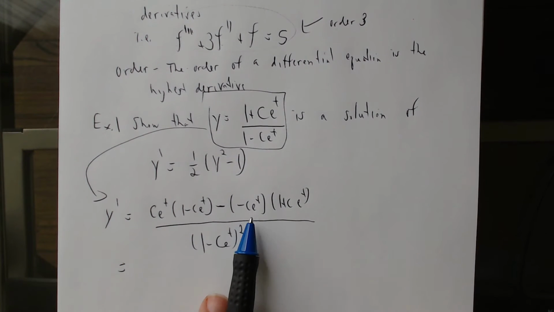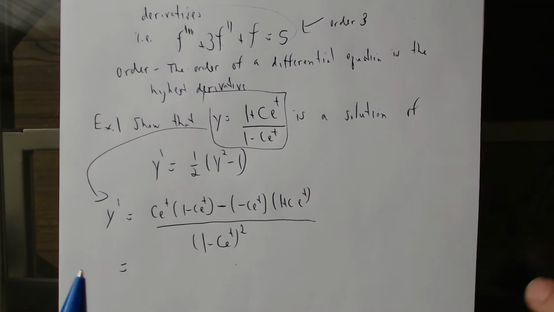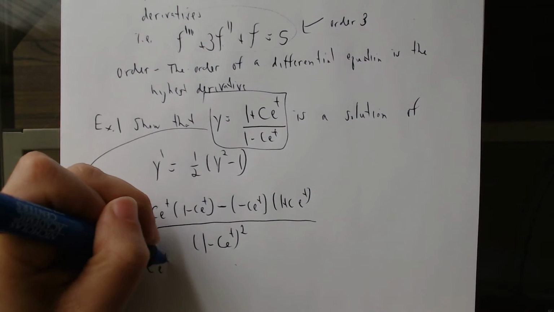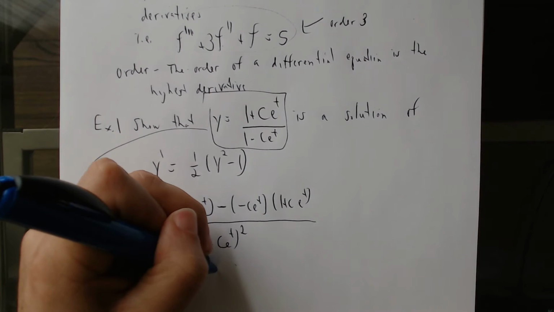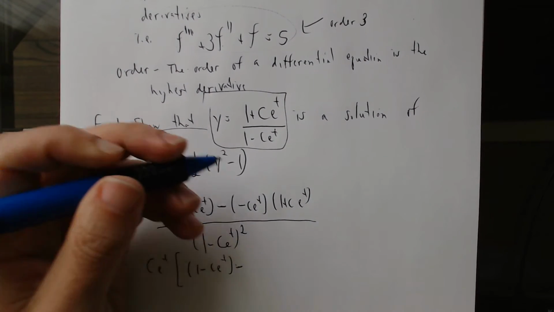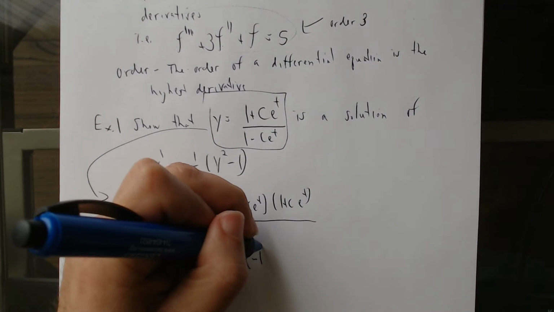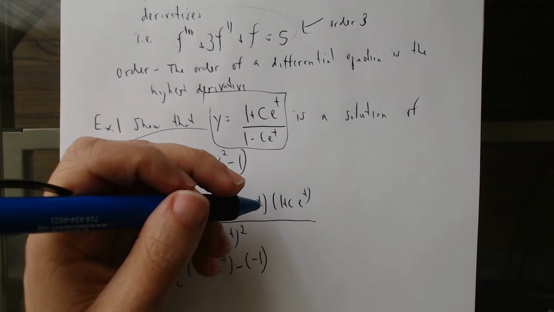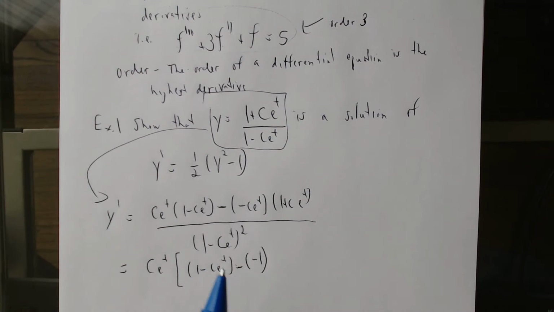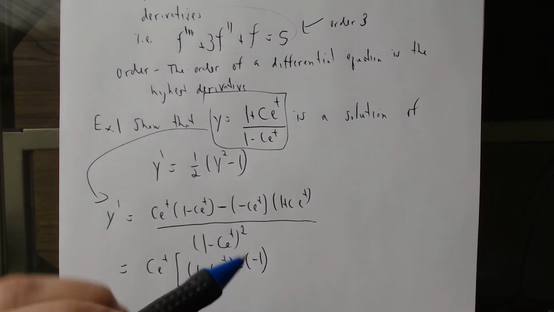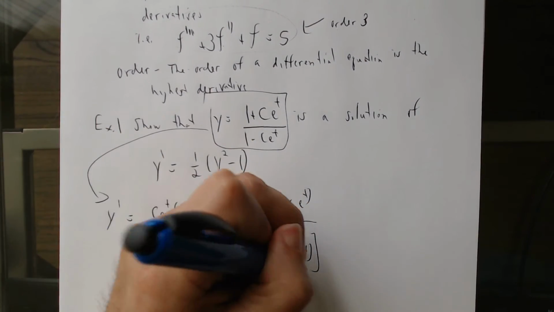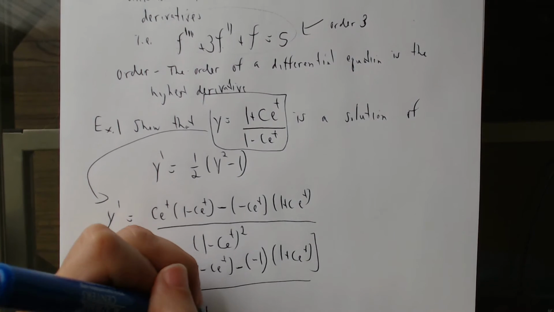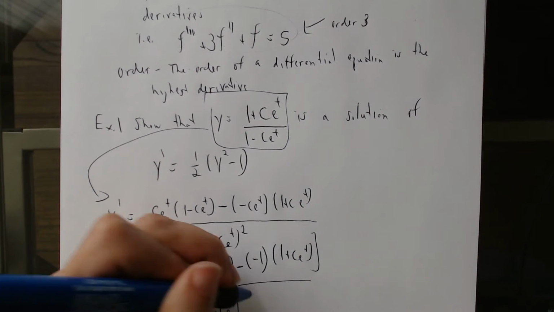Notice how I could factor out a ce to the t, and what am I left with? 1 minus ce to the t minus negative 1 times 1 plus ce to the t, all over 1 minus ce to the t squared.